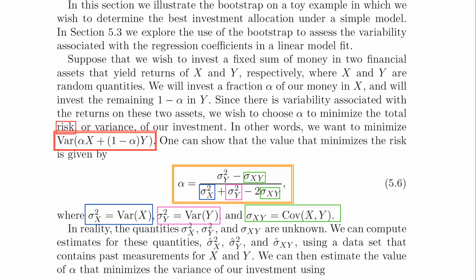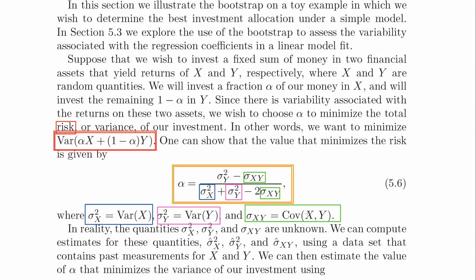Now, continuing with the book, in reality these 3 quantities are unknown. We can compute estimates for these quantities, so that's where we introduce the hats, using a data set that contains past measurements for X and Y. Even just now I said Bitcoin has historically been extremely volatile relative to other currencies, if you want to think of Bitcoin as a currency. The book is really using the same approach.